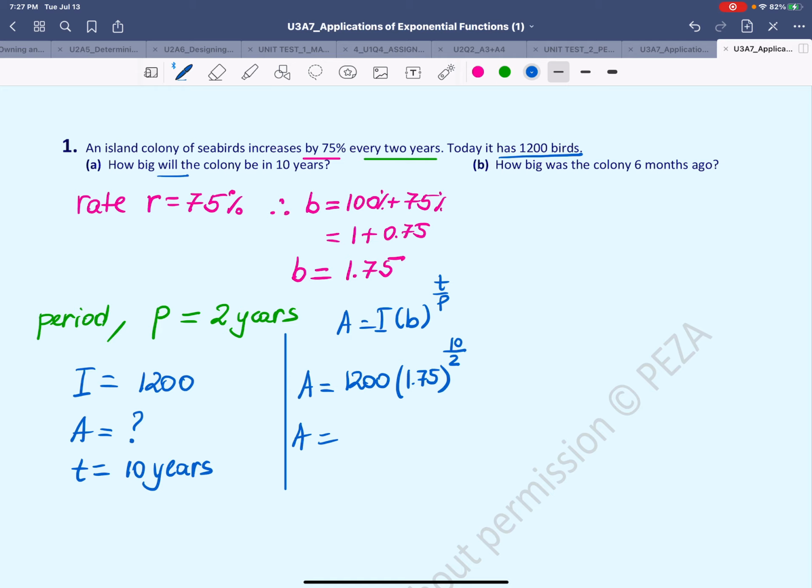Be very careful with brackets. When you bring to the power of 10 over 2, you need to bring this in brackets, or you can simply simplify 10 over 2 by 5, but sometimes you may end up with some decimal numbers. I prefer to keep this number in exact form. So the population 10 years from now will be 19,695. And I will round it to the nearest whole, and I will round it down because it's about a colony of living things.